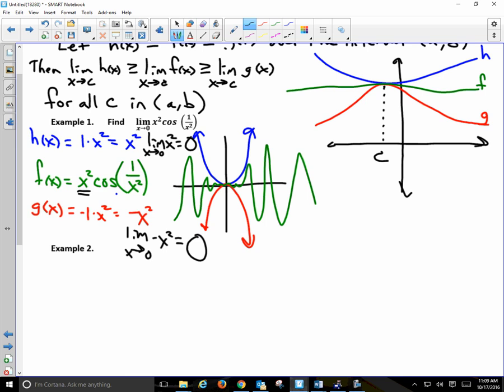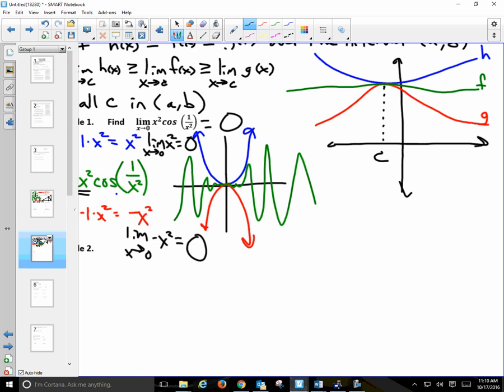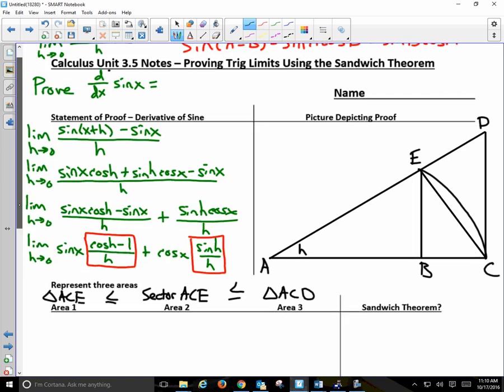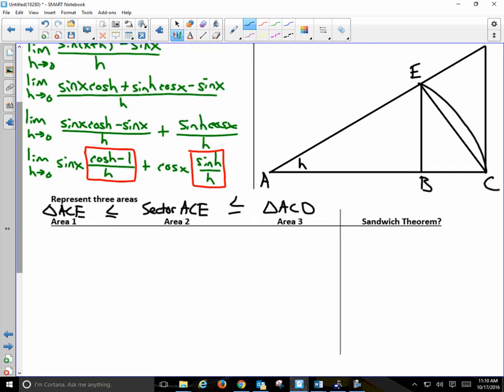Well, if f is sitting between those two, what must it be? 0. So the sandwich theorem, or the squeeze theorem, allows us to find very challenging limits through a comparison test. Pretty cool, huh? Now you're like, how does that apply? Well, check this thing out. We're going to squeeze it together. Boom.